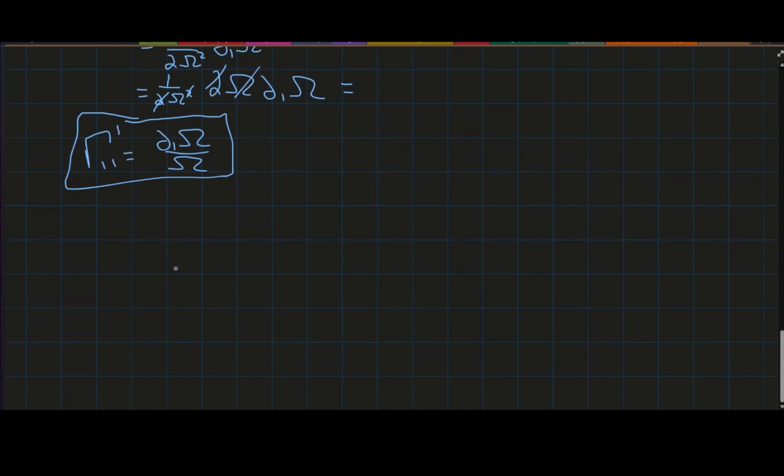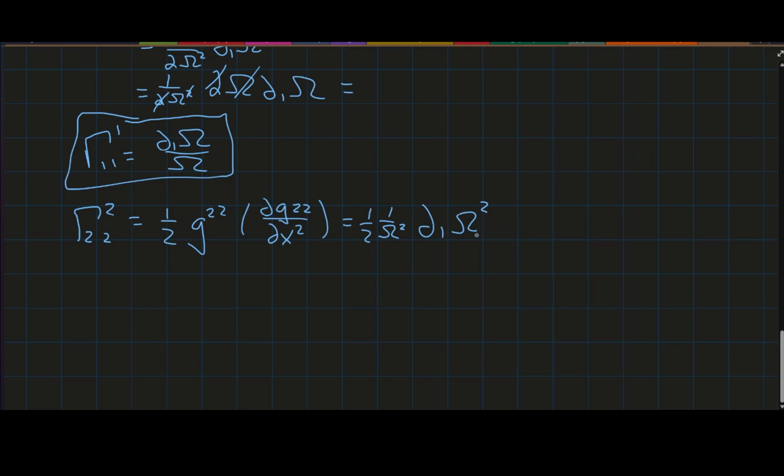Okay, I think we got 2 more to calculate. So 2, 2, 2 now. It's going to be 1/2 G22. And then for similar reasons to the last one, we get cancellation on the last 2 terms. So I'm just going to write this first one. Get something like that. So this is going to be 1/2 1 over omega squared d1 omega squared. So very similar to what we've already seen here.